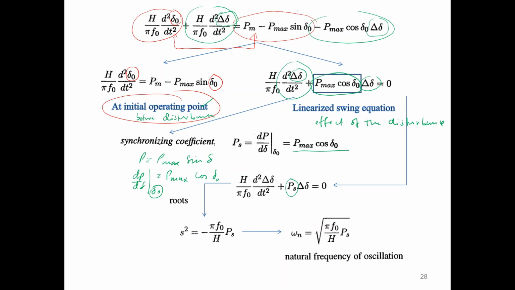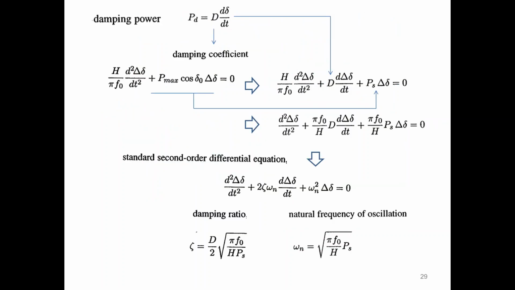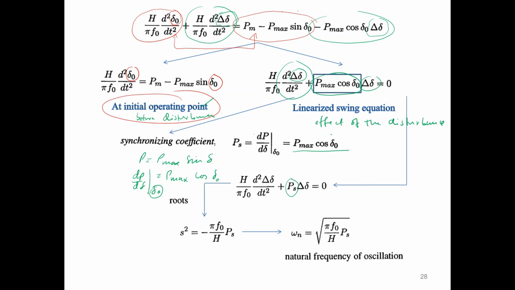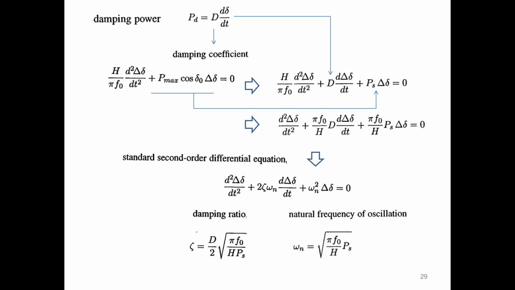So you have to deal with the damping somehow. If you don't have the damping term, the linear swing equation doesn't go smoothly to the steady state. The steady state is not smooth. So we introduce the damping coefficient.